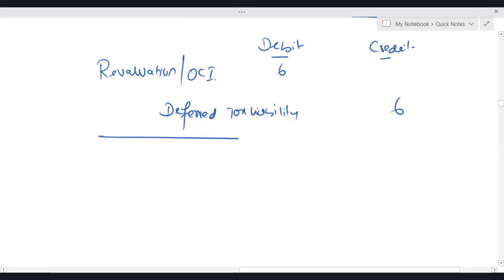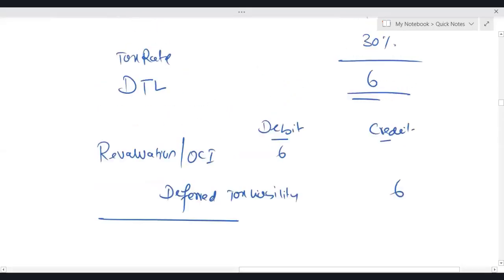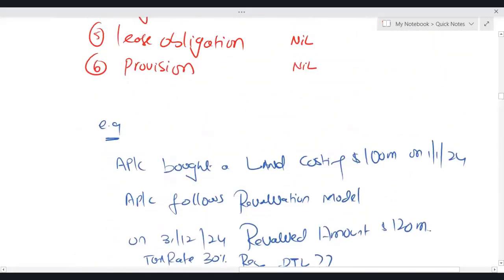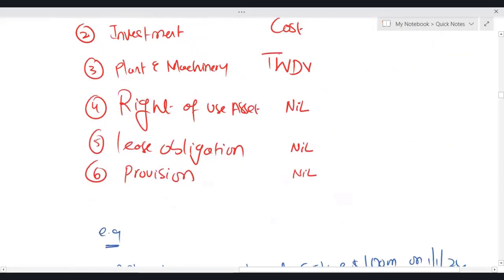So let me repeat. If deferred tax liability arises from revaluation, then simply the liability is charged to revaluation. Okay. And we have already discussed one more concept. Deferred tax arises only from temporary differences.